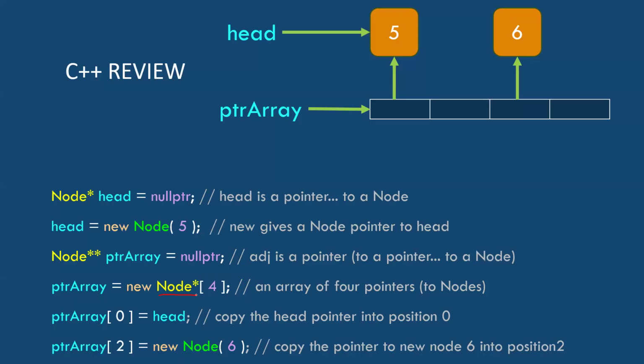This is just on the side from our adjacency list, but you can see where I'm going with this. I'm going to dynamically allocate an array of pointers that is going to represent all of the possible vertices in my graph. And then over time, I will hook up little nodes to them that represent their neighbors.